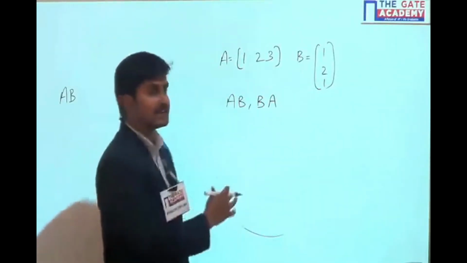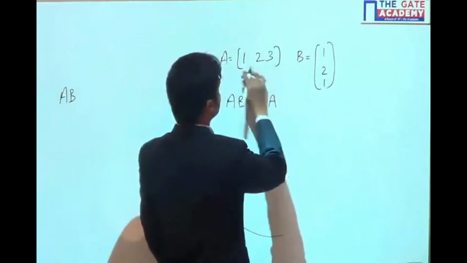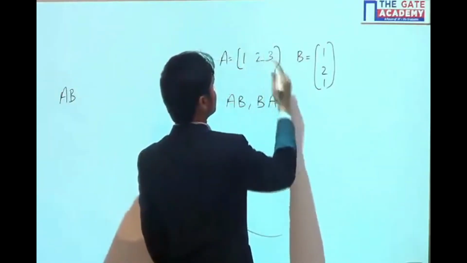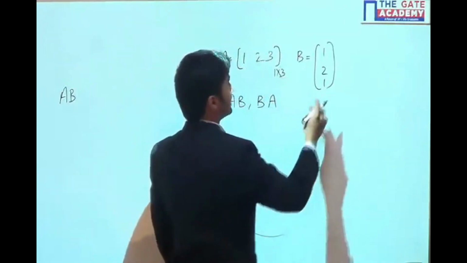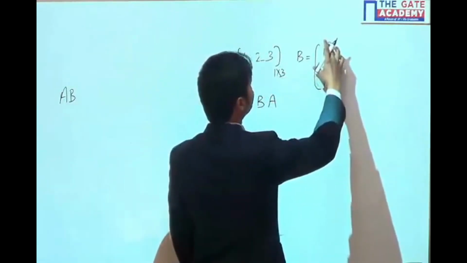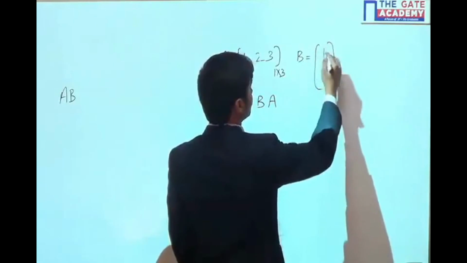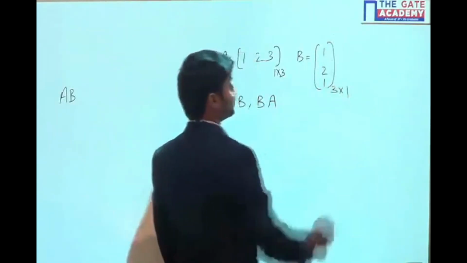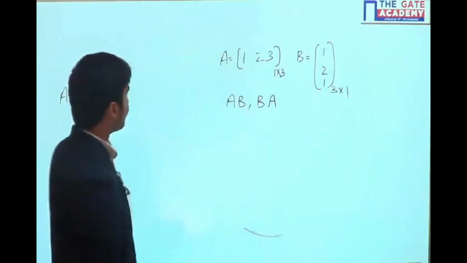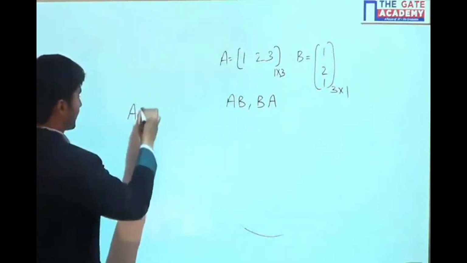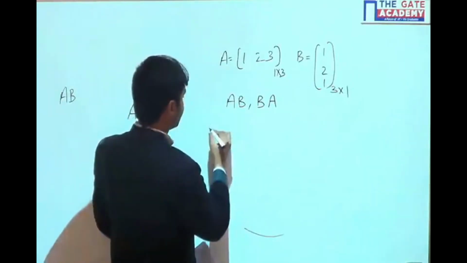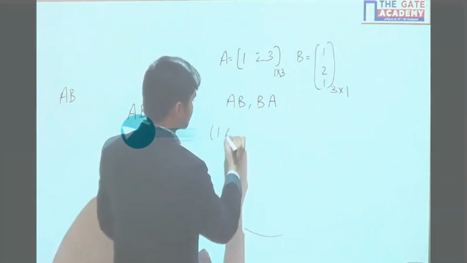We have to check the condition in order to multiply. A has one row and 3 columns, so 1 cross 3. Here B has 3 rows and 1 column, 3 cross 1. So if we want AB, we are going to multiply the matrix A, which is 1 cross 3.